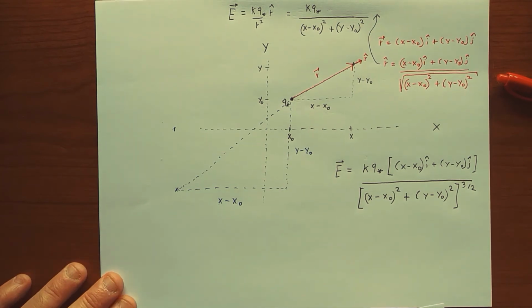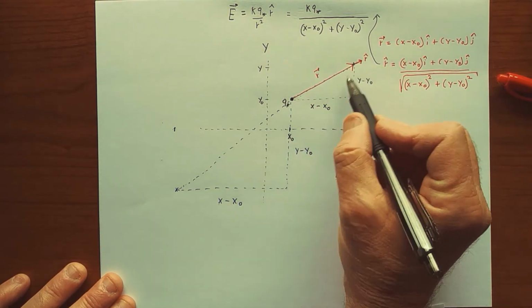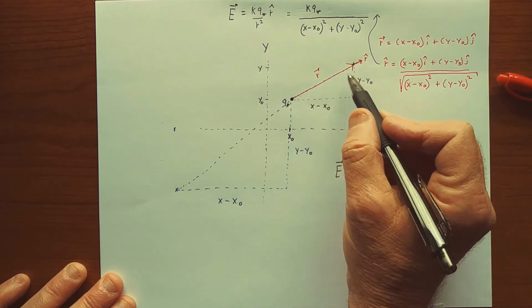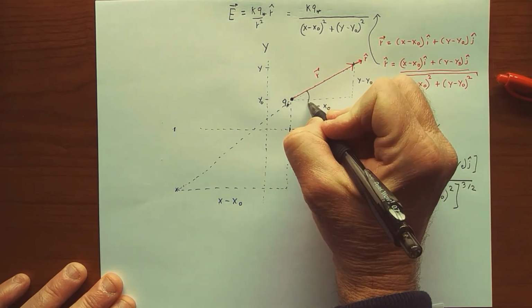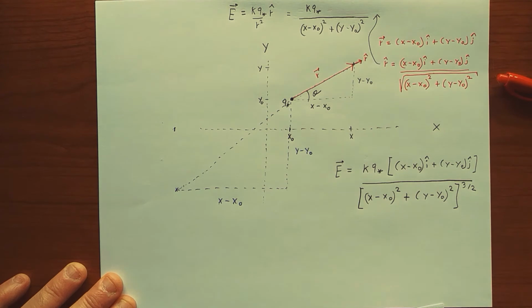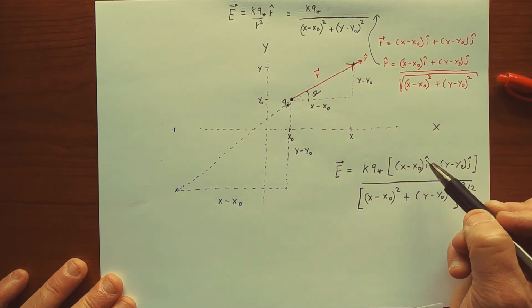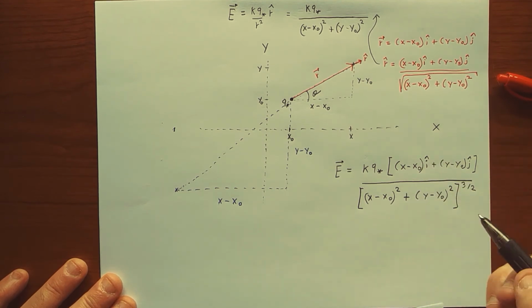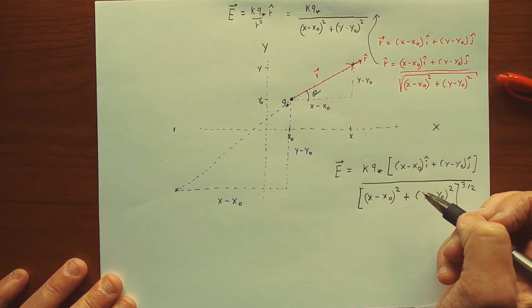Let's also notice that if we look at this triangle and we think of this angle and we call it theta, then we could write this in terms of theta, in terms of the angle, instead of in terms of x and y coordinates.